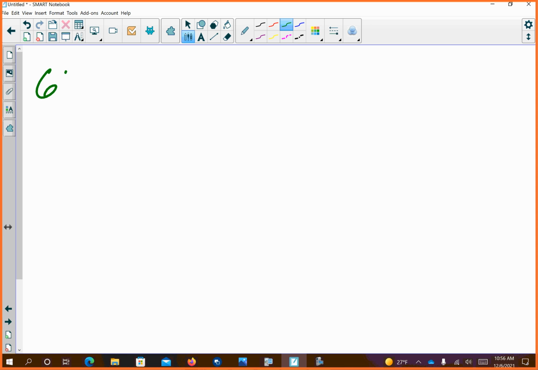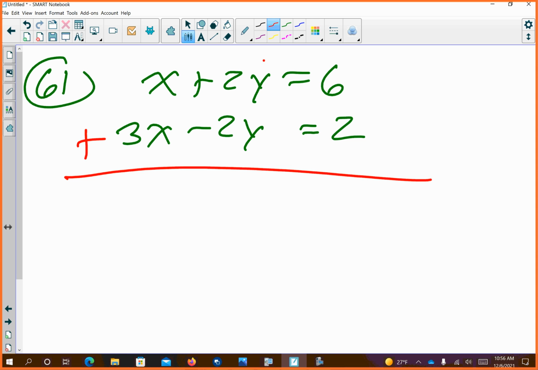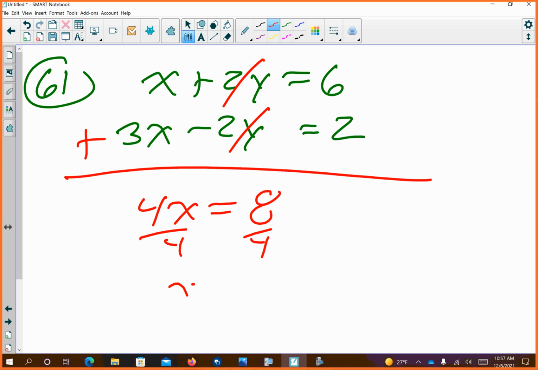Number 61. I get x plus 2y equals 6. 3x minus 2y equals 2. I can add these together as they sit because the y's are opposite right now. So divide by 4, x equals 2.